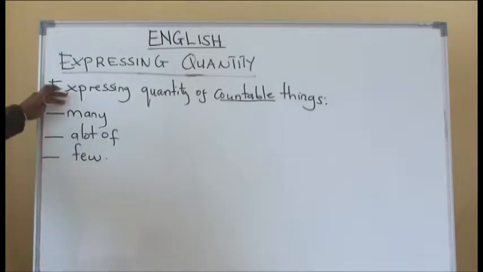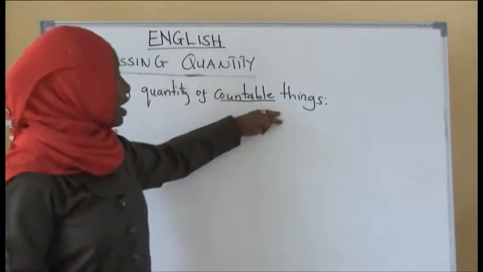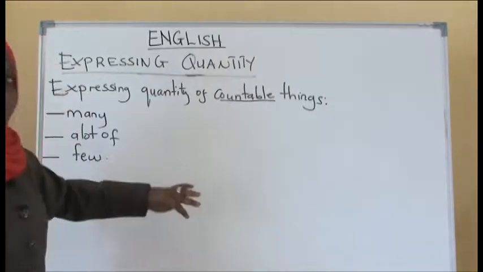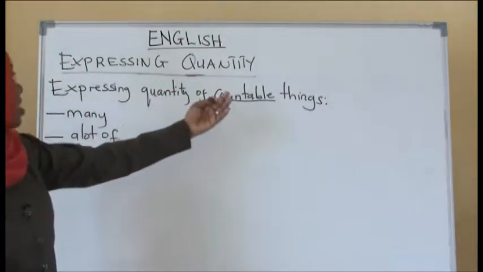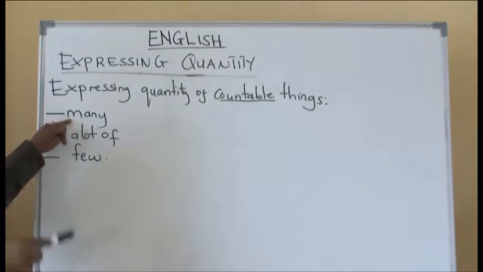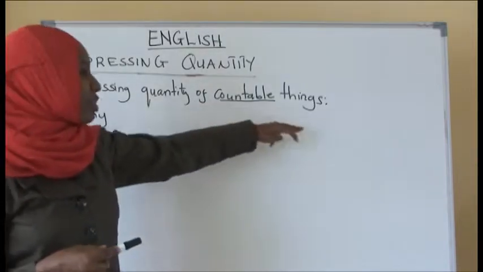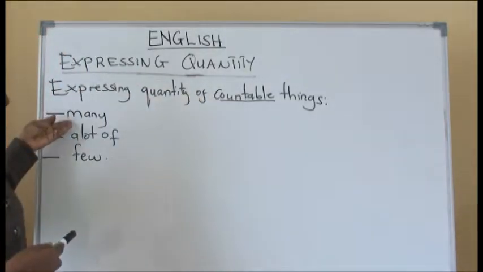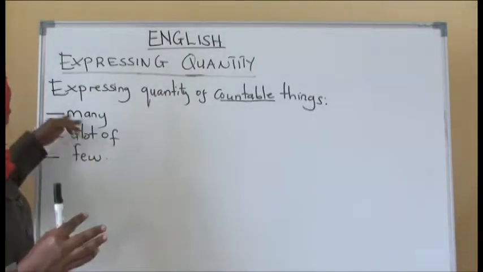This word many can be used either in asking questions, and that question specifically talking about the countable thing, the thing that you can count. So in answering questions about countable things, we normally use the word many. If that thing is in plural form, we use the word many.